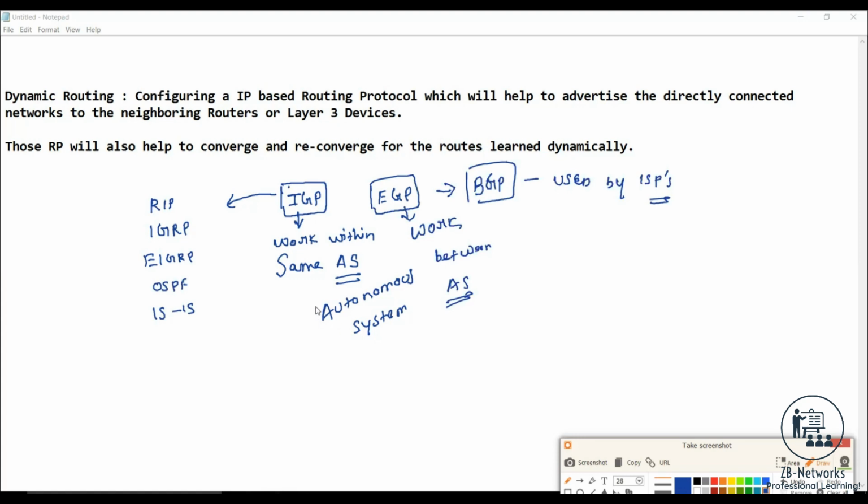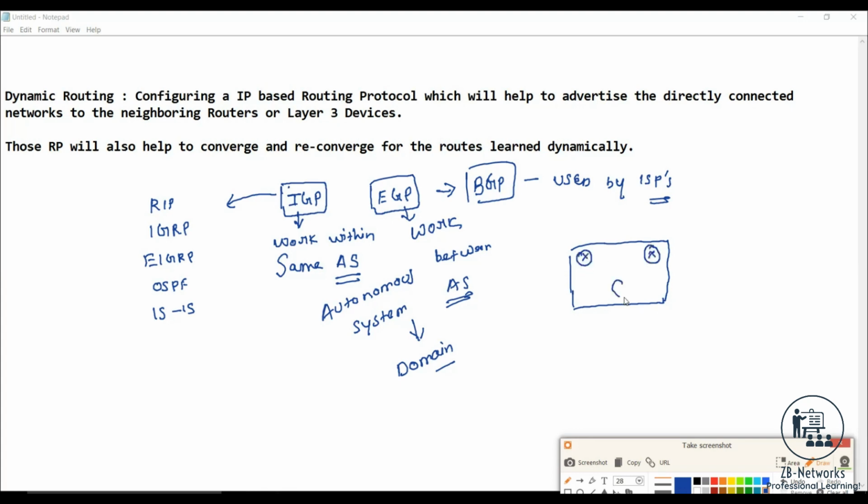So what we'll do is talk about the concept of autonomous system now. So think of autonomous system, the word AS, as a kind of domain. Okay, it's a domain. Think of it like a kind of boundary for you. And when I say within the same autonomous system, it means I've got multiple sites, multiple branch offices.